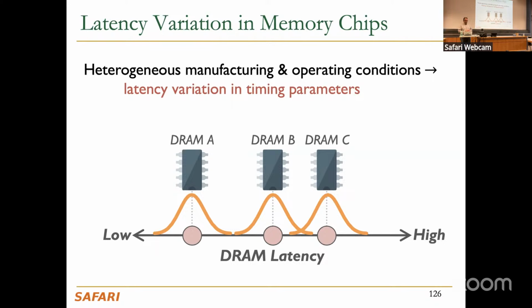If they have a standard latency that is somewhere here, then DRAM B and DRAM C are not functional, and they need to throw them away. So they have lower yield, which in the end they're going to recover by increasing the price of each DRAM chip, and the end user is going to need to pay more.